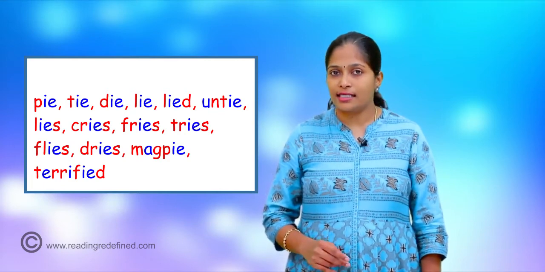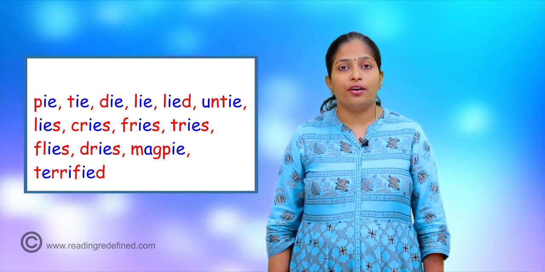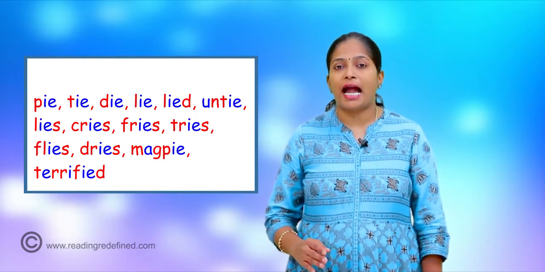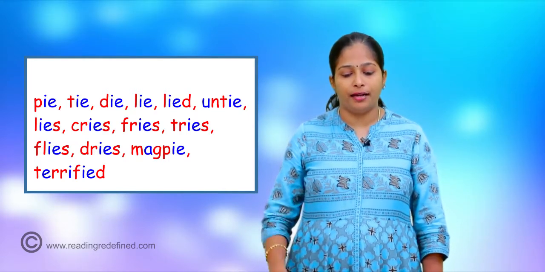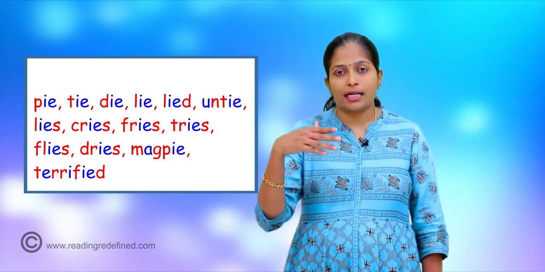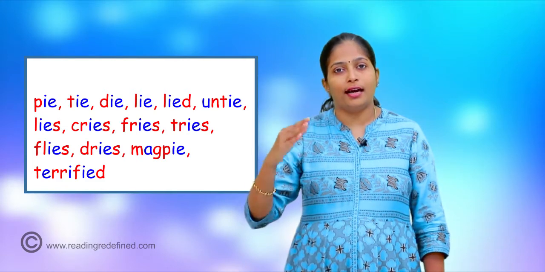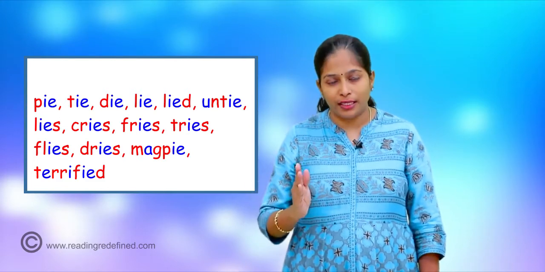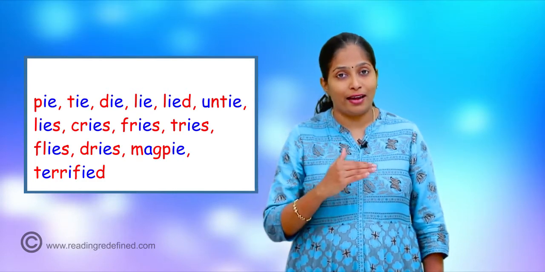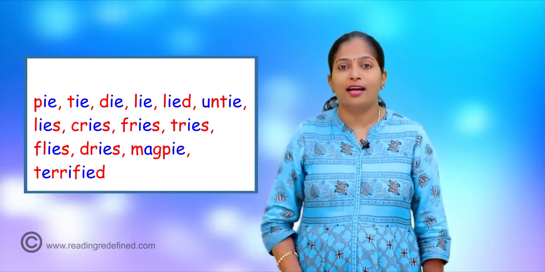L, ie, s, lies. D, r, ie, s, dries. Magpie, pie. So, terrified. So, mark the words after splitting, help them to split the words so they will be able to read longer words like terrified as well.